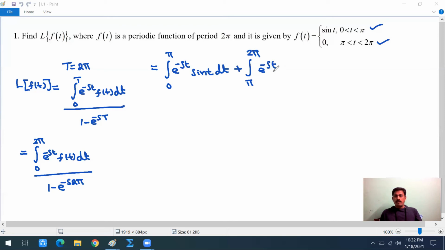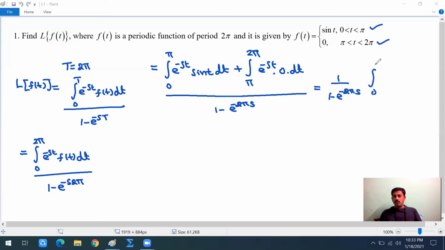Here our f of t value is 0 into dt, whole thing divided by 1 minus e power minus, I can write this as 2 pi s. So this is equal to 1 minus e power minus 2 pi s. Here integral 0 to pi e power minus st sin t dt.